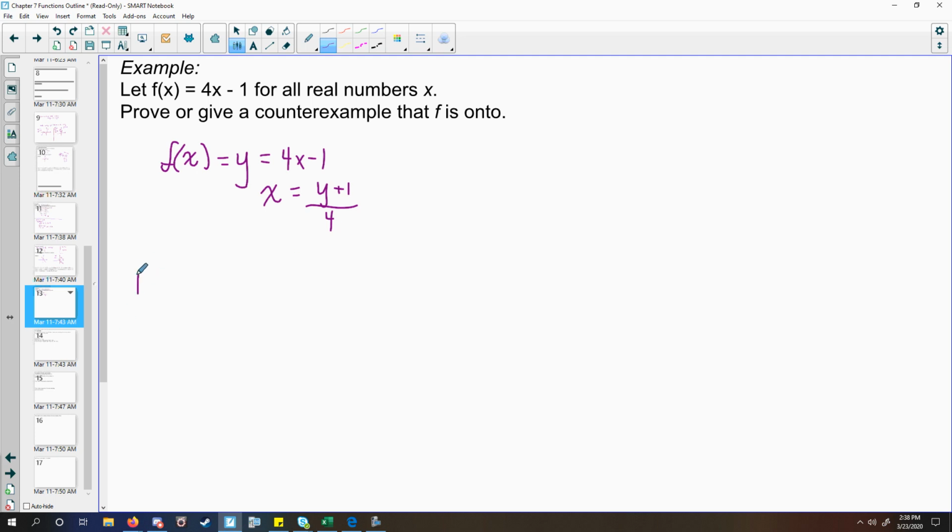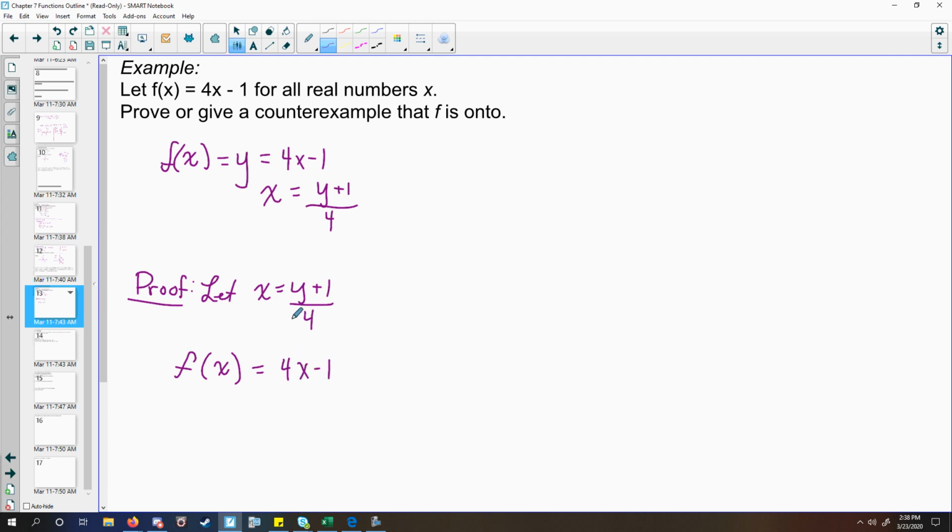So for my proof, see how we did our scratch work first. Let's say let x equal y plus 1 divided by 4, and we wanted to show how there will always be an x to generate the y's of all of our outcome values, or all of our values in our codomain, if you will. So let's look at f of x, which equals 4x minus 1.